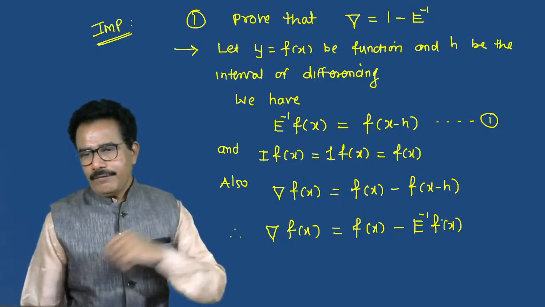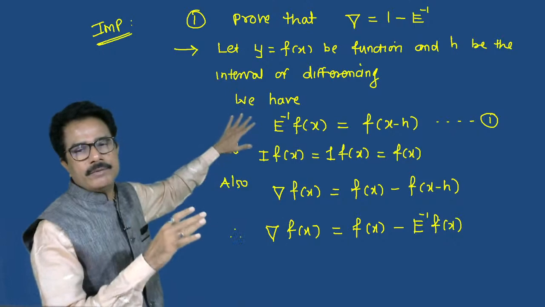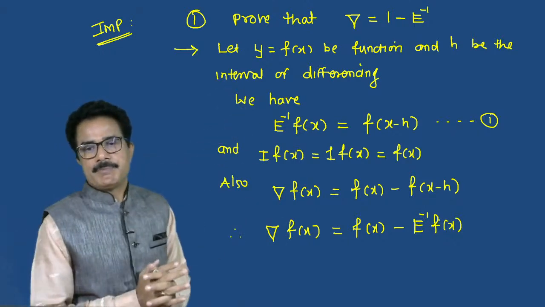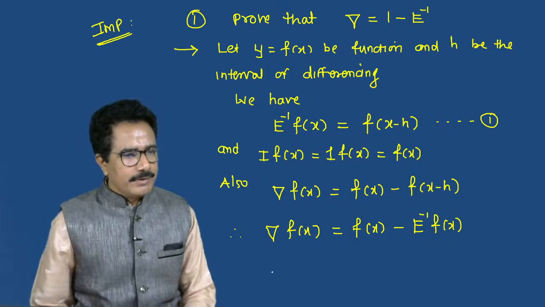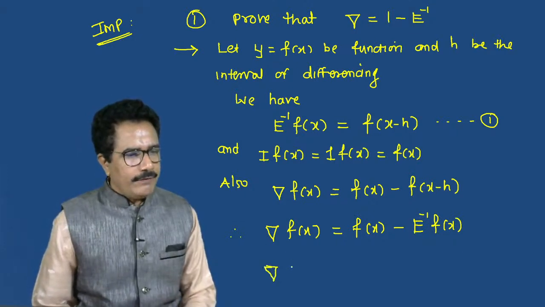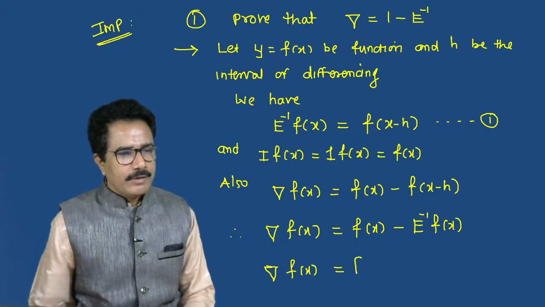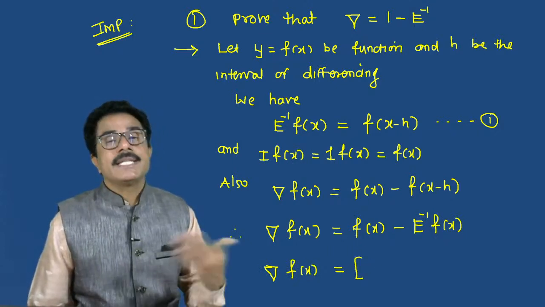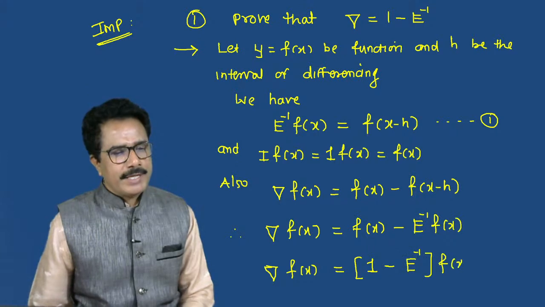Now look, I can take common on the right side. So del of f of x equals, we take common, then we get the identity operator, or 1 minus E inverse of f of x.